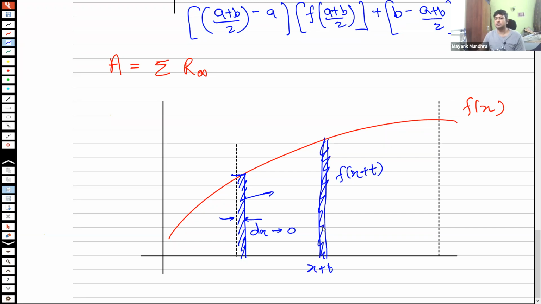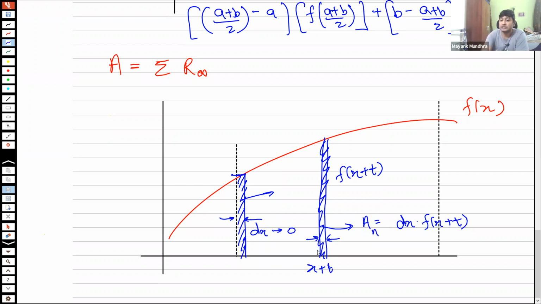So the area of this rectangle is basically the width dx into the height f of x plus t. This is the area of some nth rectangle, an.